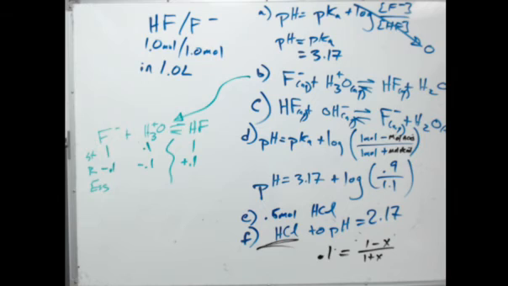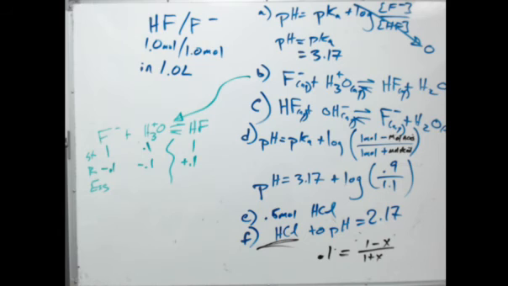Now, I want to point out one more thing. The place where we could get in trouble is, what if I said add 0.95 moles of acid? Could you do that calculation with 0.95 moles of acid? If I just said 0.95, you'd get 0.05 on top, you'd get 1.95 on bottom.